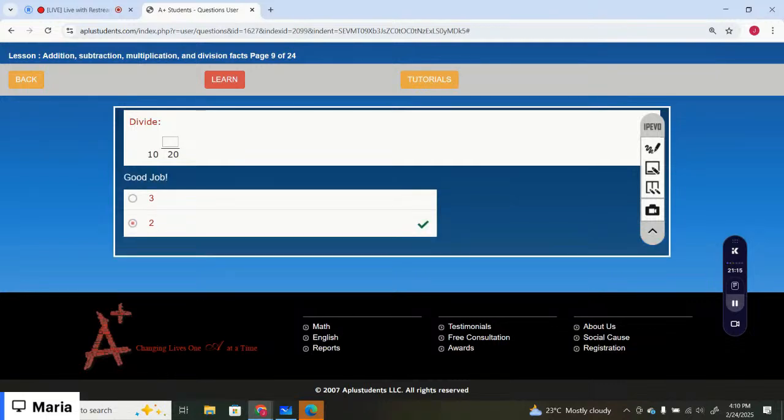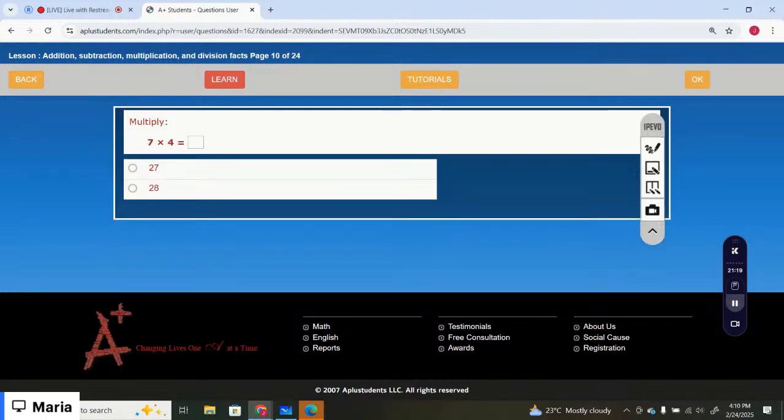Option number 2 is the correct option. 7 times 4, which is the correct option? That is 28. Option number 2 is the correct option.